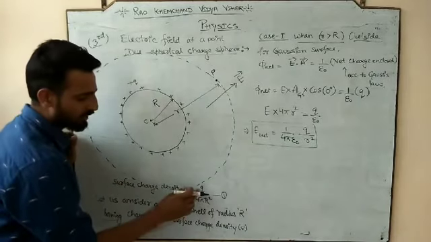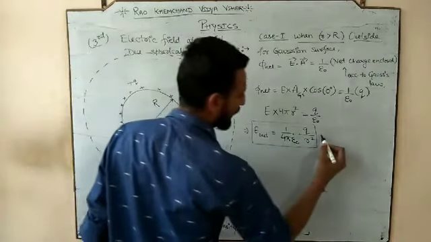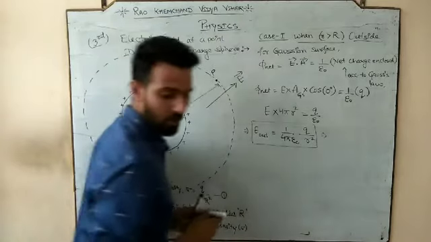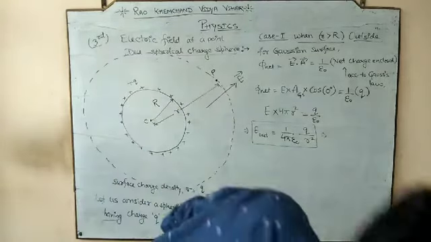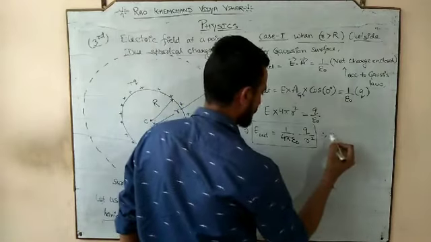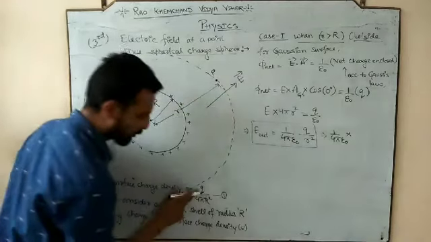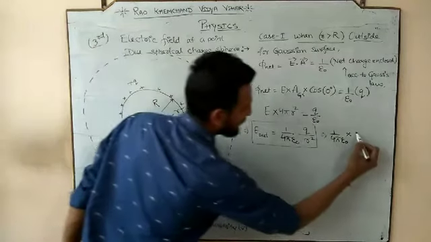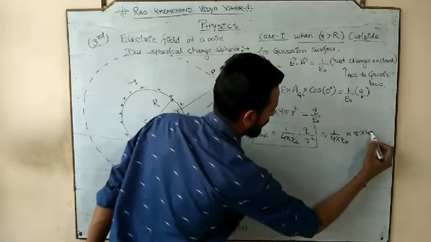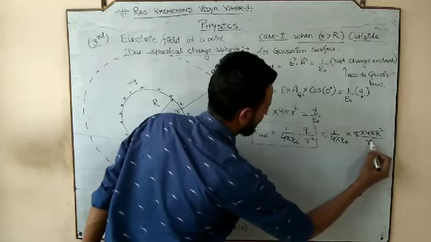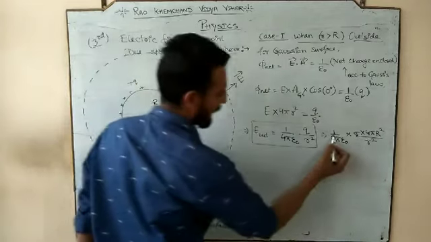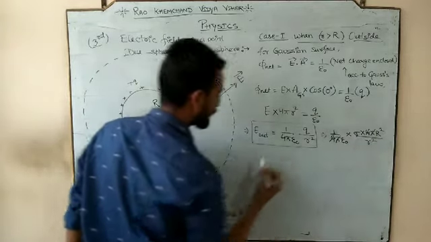So if we use the Q from here, we get another formula, you can help me out in this numerical also. This would be 1 by 4 pi epsilon naught. What would be Q from here? It would be sigma into 4 pi capital R square divided by small r square. And 4 pi cancels with the 4 pi.